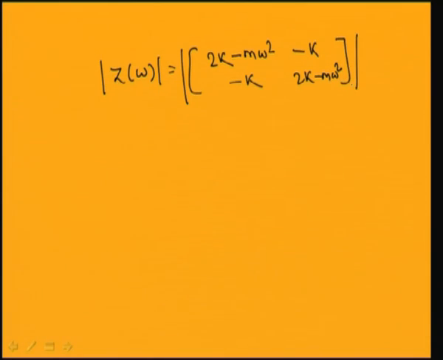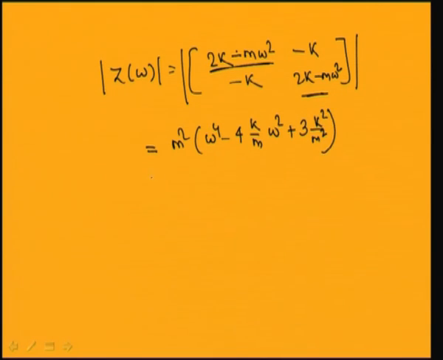Expanding the determinant, this multiplied with this minus this multiplied with this, it becomes m square into omega fourth minus 4 k by m omega square plus 3 k square by m square.